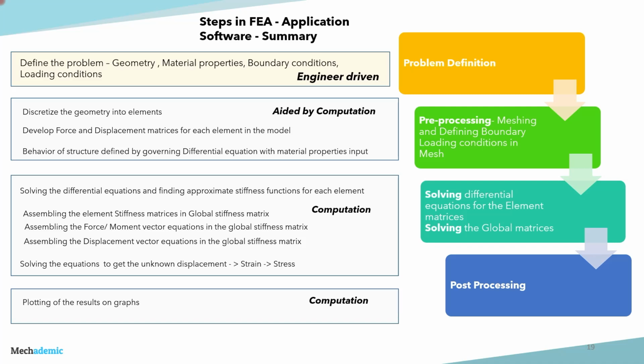And then after the pre-processing, once the discretization has been done and once the boundary conditions and the loading conditions have been established, next step is to solve. Solving the differential equations and finding the approximate stiffness functions for each element, then assembling the element stiffness matrices in the global stiffness matrix, assembling the force moment vector equations in the global stiffness matrix, and assembling the displacement vector equations in the global stiffness matrix, and then finally solving the equations to get the unknown displacements and getting the strain, and in turn getting the stress values.